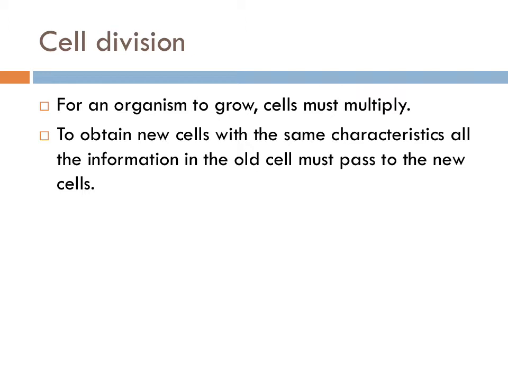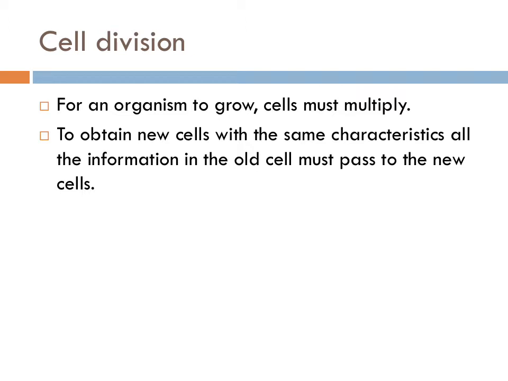The information, as we have studied from the beginning of this year, is stored inside the DNA, and we have our DNA stored in the nucleus of a cell. This is in animal cells, plant cells, and all living cells.